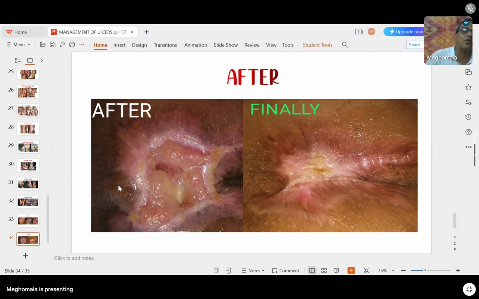Within 1 year, he could walk to the bathroom, and erection returned, and the fistula and everything healed. The deficiency of nerve sensation was corrected, everything healed. I think it was a very good success, 18 years ago in Goa.